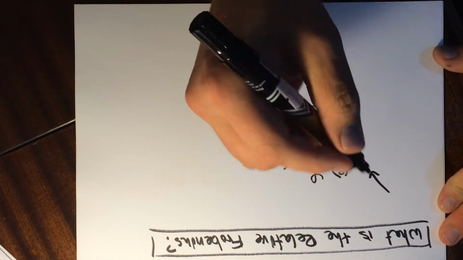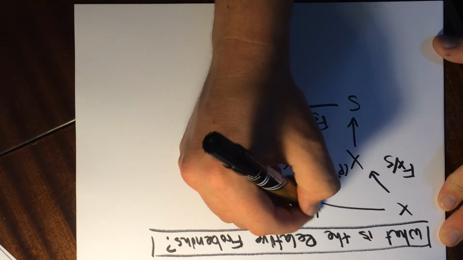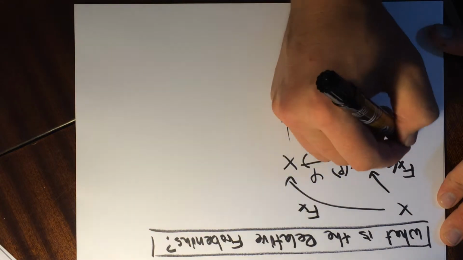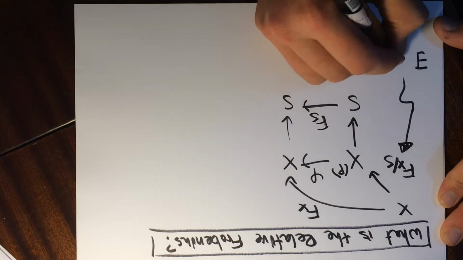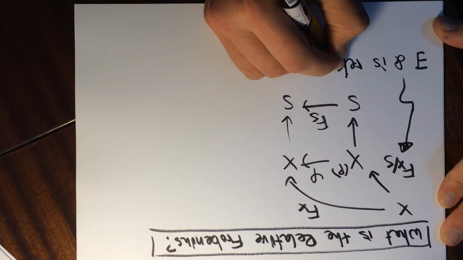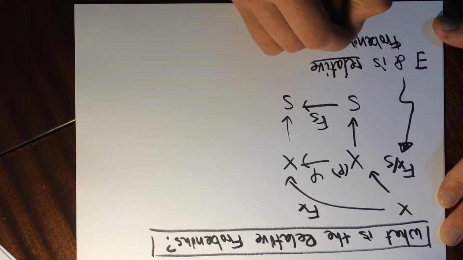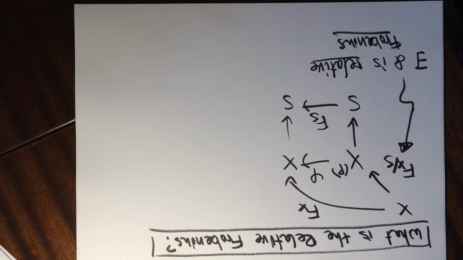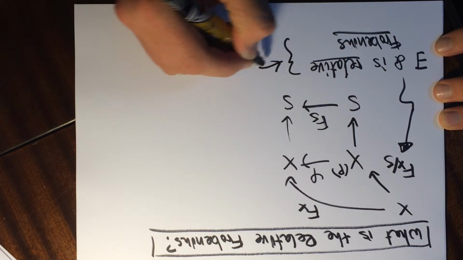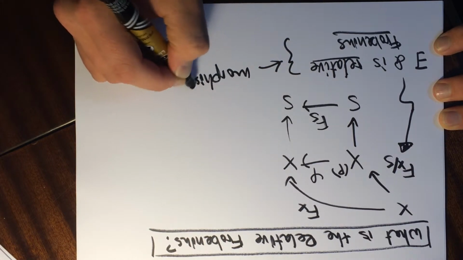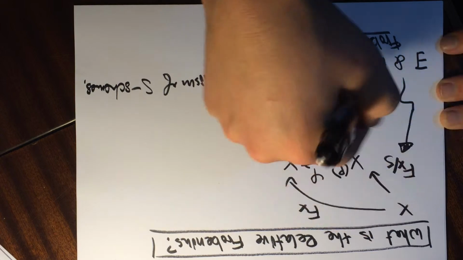The relative Frobenius is going to be a morphism here. This guy exists and is the relative Frobenius. We call him the relative Frobenius. So this is a morphism of S schemes. Now this is S-linear.